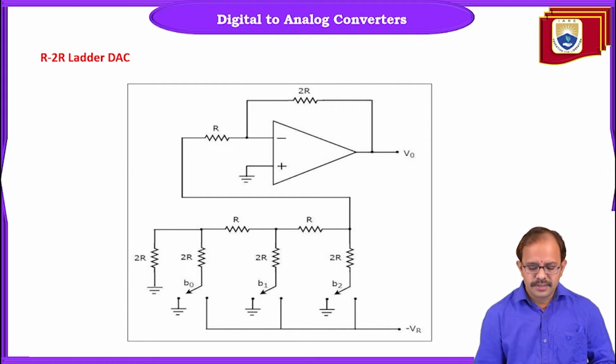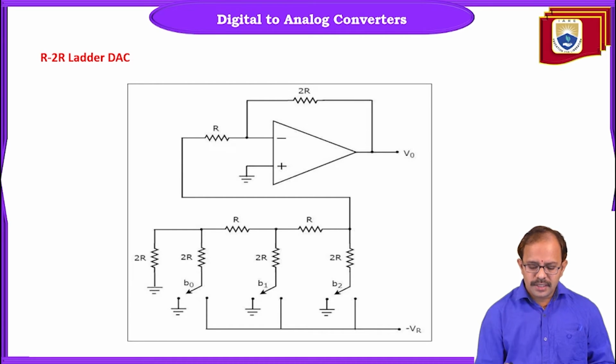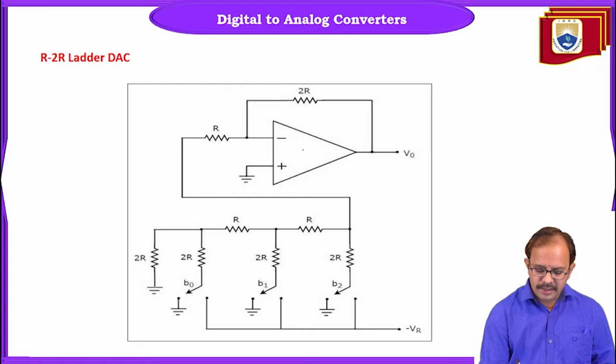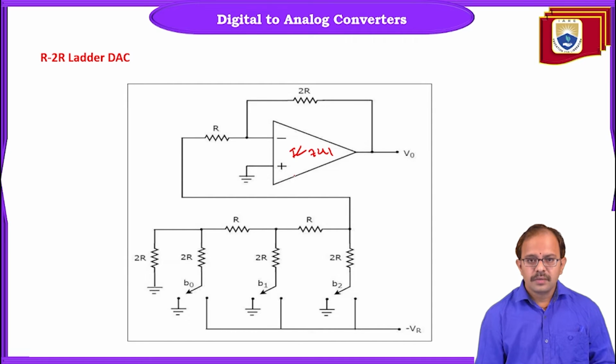If you observe the circuit, once again we are going to design it using an operational amplifier. Let us say this is our IC 741, and as usual we have inverting as well as non-inverting terminals, and we connect a network.